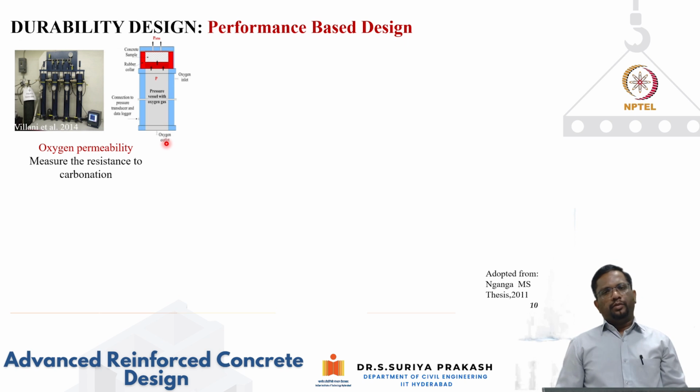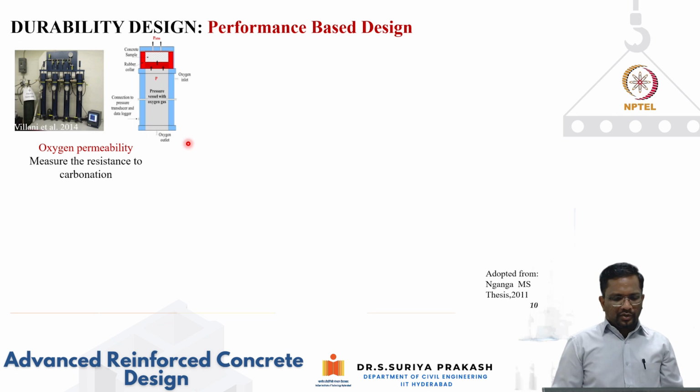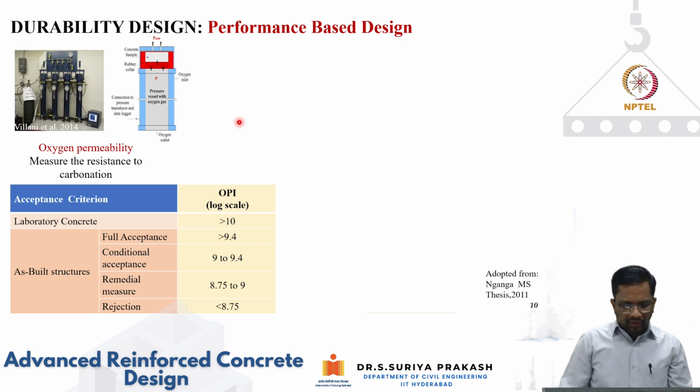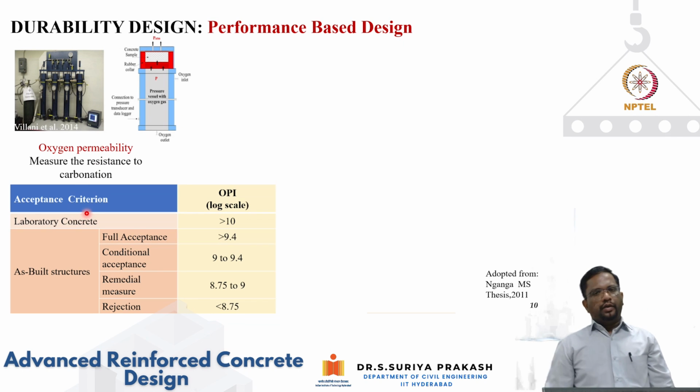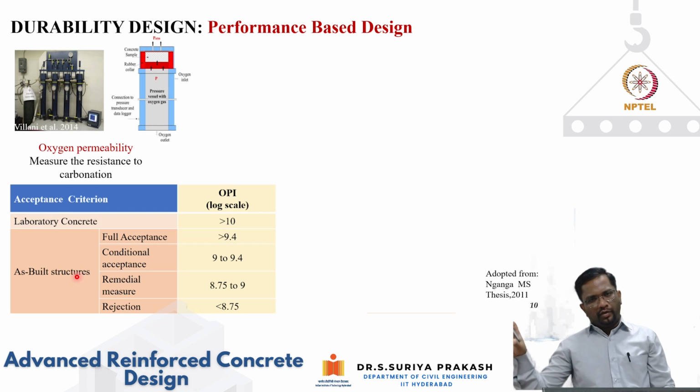From this permeability, we can find out how much resistance the concrete has to carbonation. Okay. So the acceptance criteria are different for specimens that are tested at lab scale, and for the as-built structure. As-built structure means you are doing the testing on samples that are taken from the as-built structure.